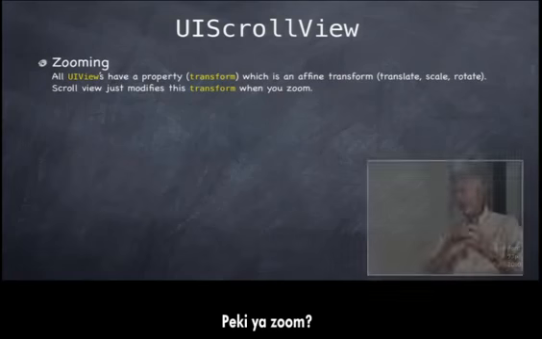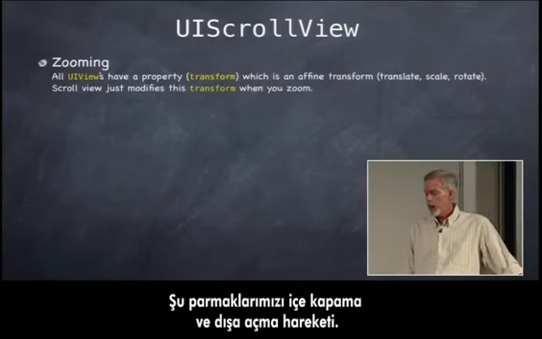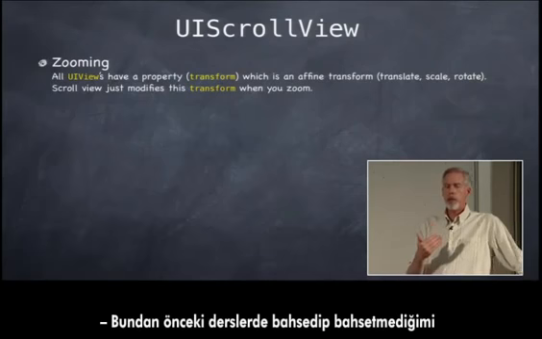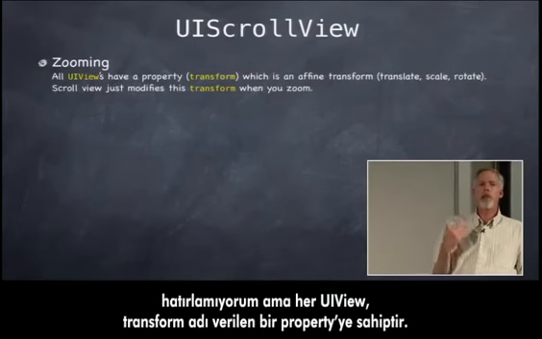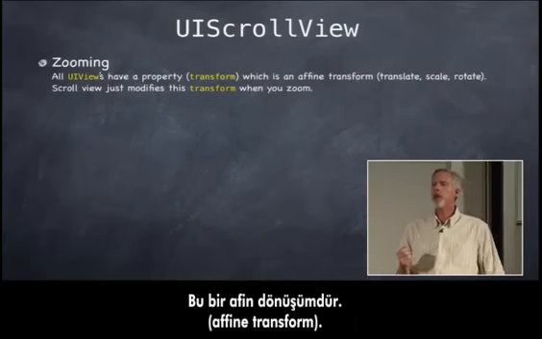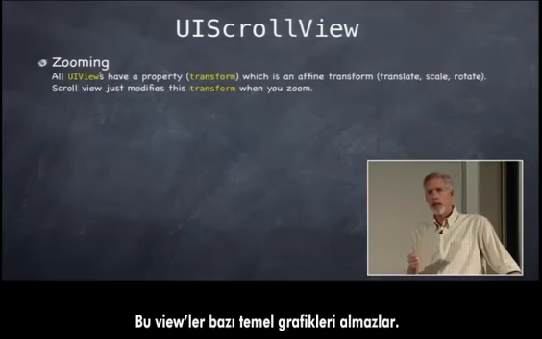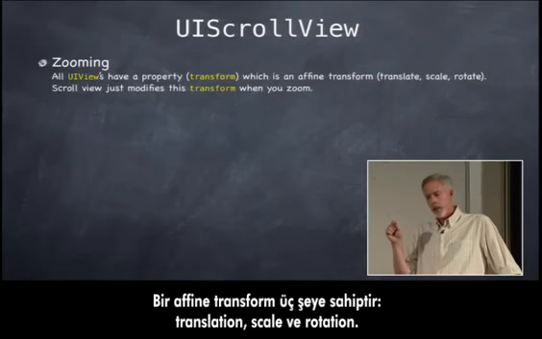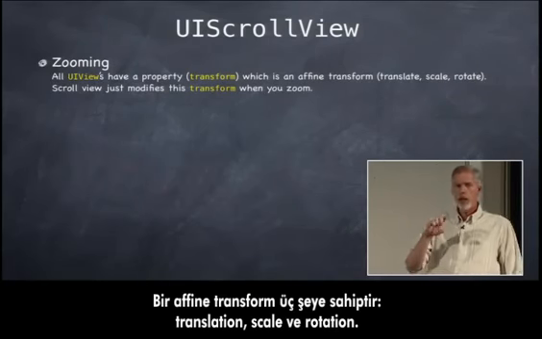What about zooming, this pinching in and out thing? The way zooming works is every UIView, and I'm not sure whether I mentioned this early in the class, has a property called its transform. It's an affine transform. For those of you who have not taken some basic graphics, an affine transform has three things: a translation, a scale, and a rotation.